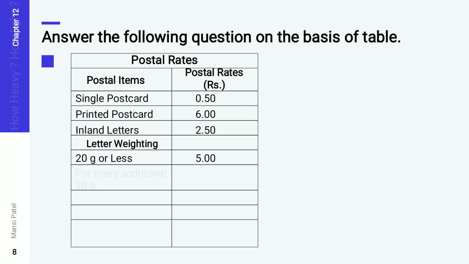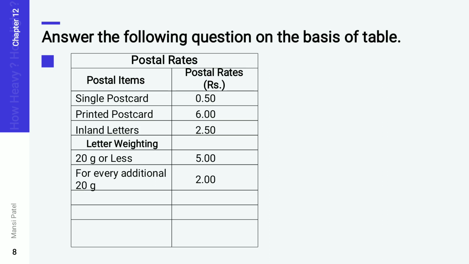But if the weight of that letter is more than 20 gram, then you have to pay some additional rupees for every 20 gram, and that additional amount is 2 rupees.